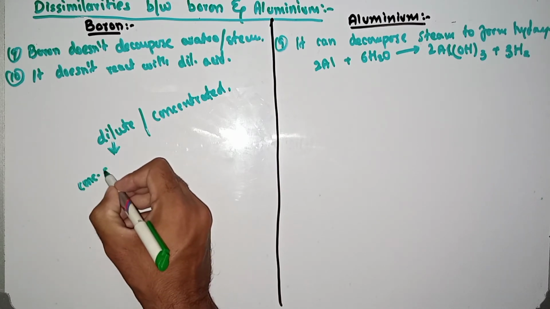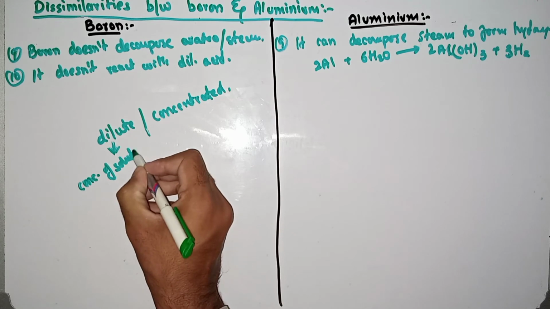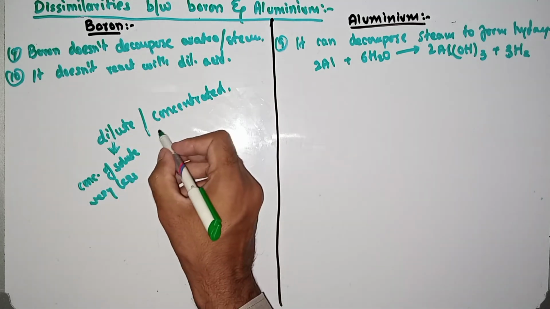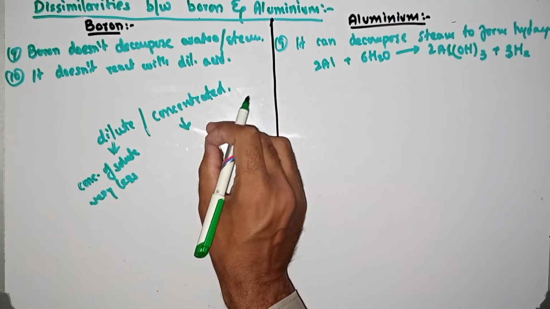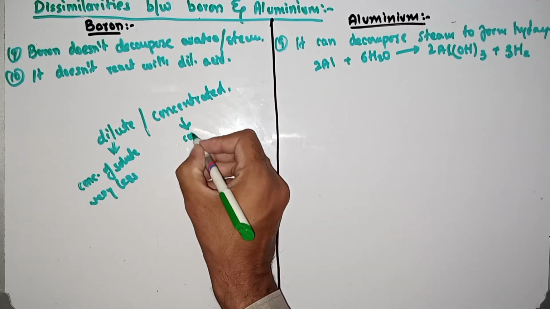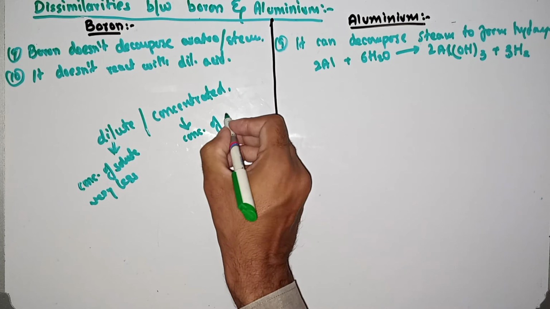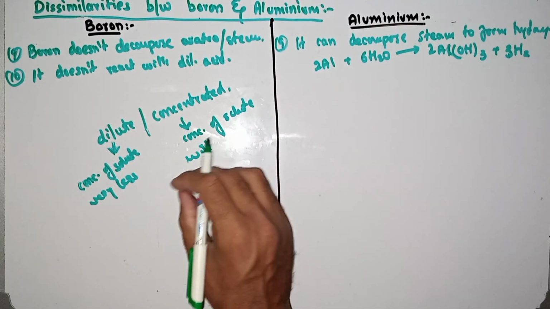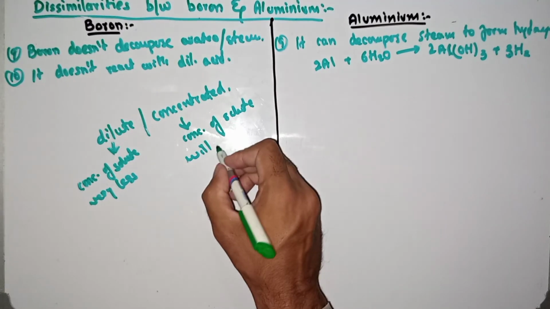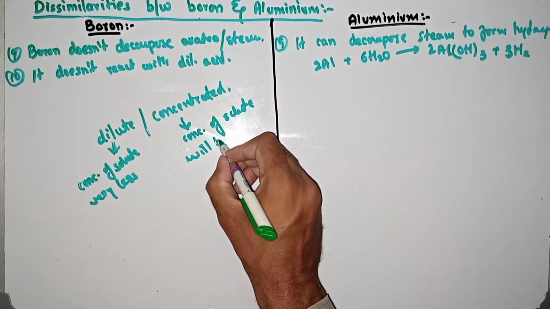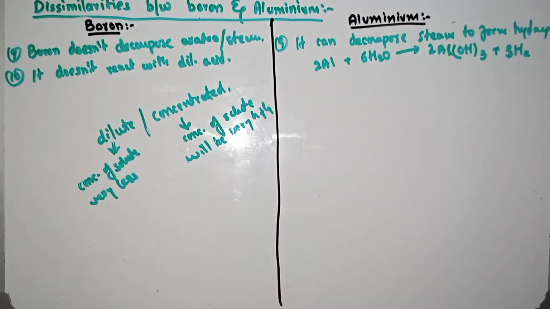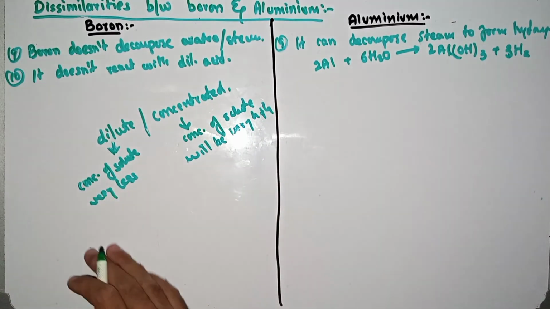In a concentrated solution, the concentration of solute is much greater, meaning the solution will be very dense, while a dilute solution will be a rare solution. I hope my points are clear.